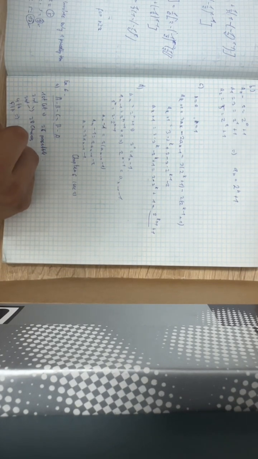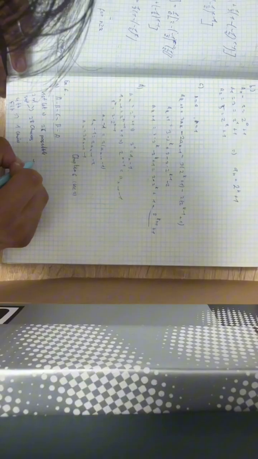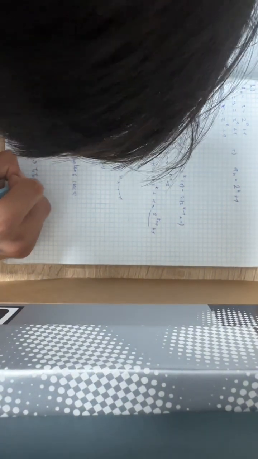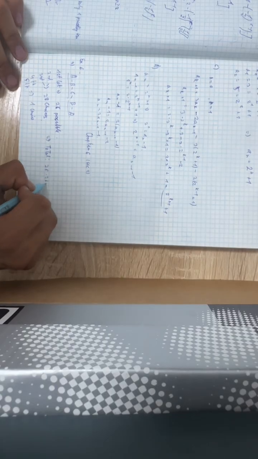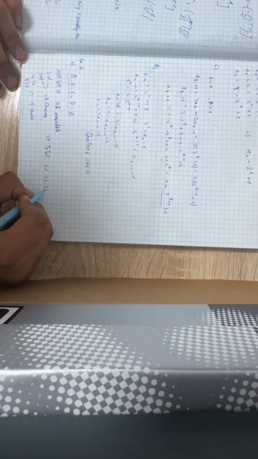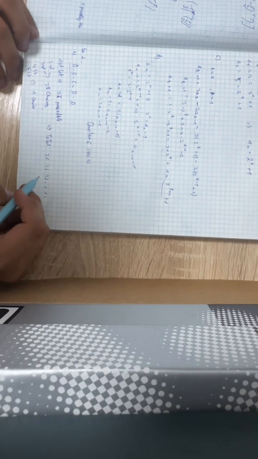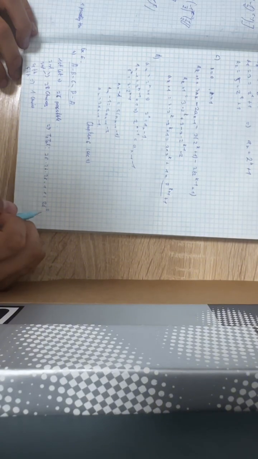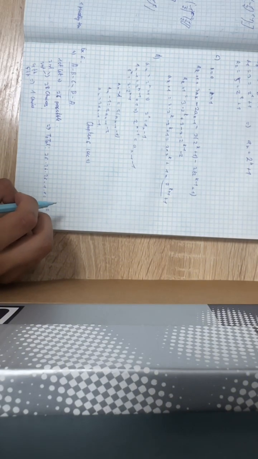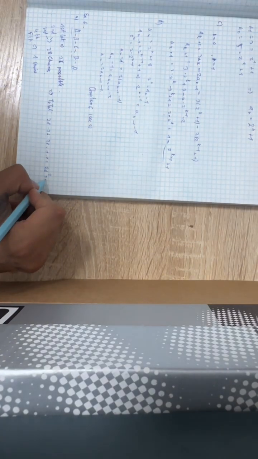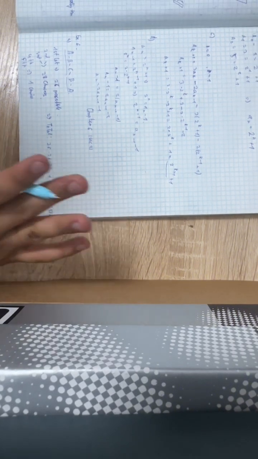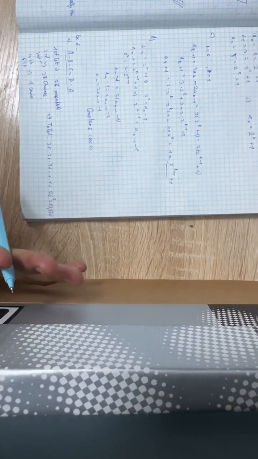So in total we get 26 times 26 times 26 times 1 times 1, that is 26 cubed. We'll use a calculator. That is 17,576. So that is the answer.